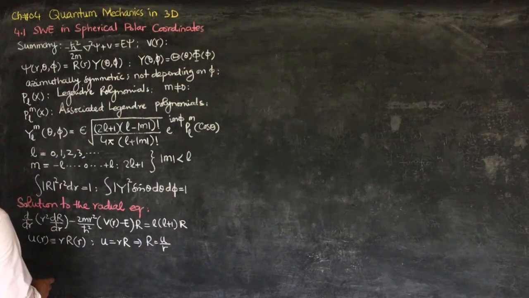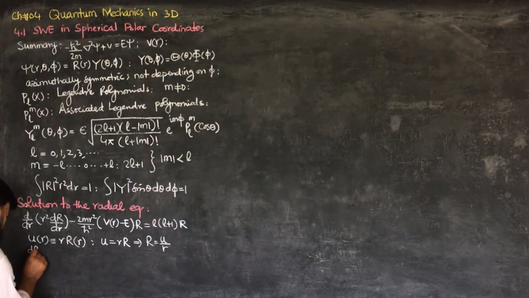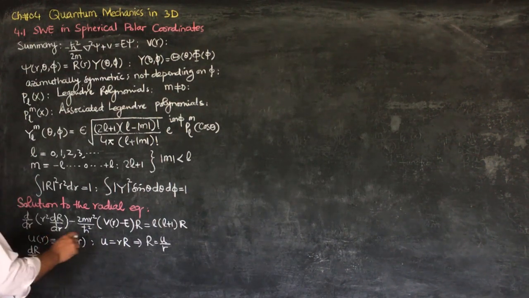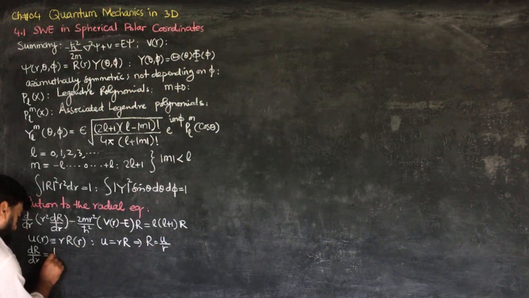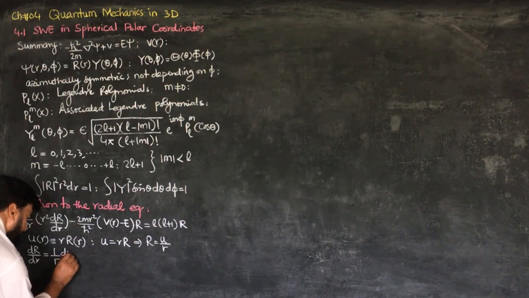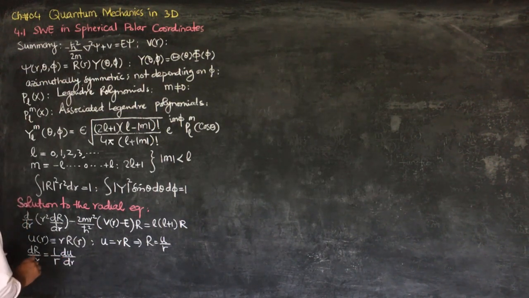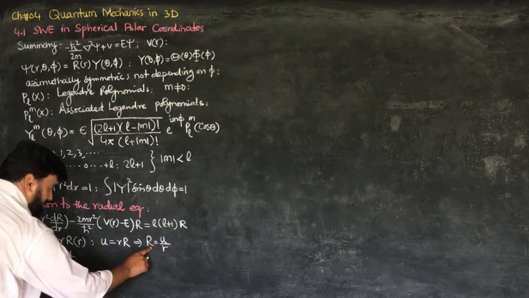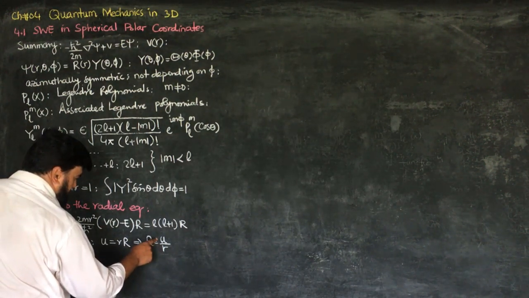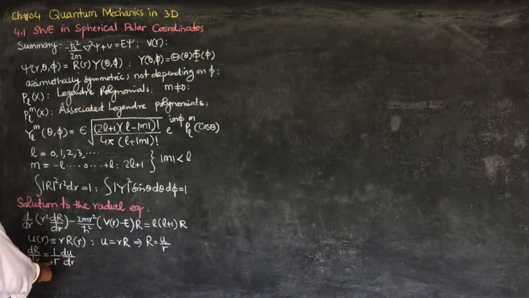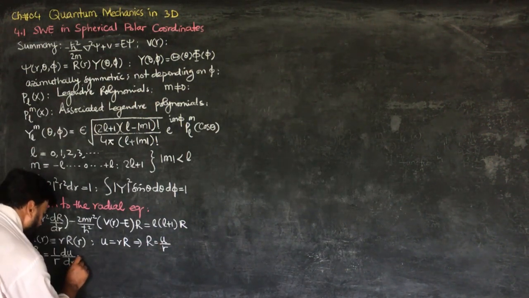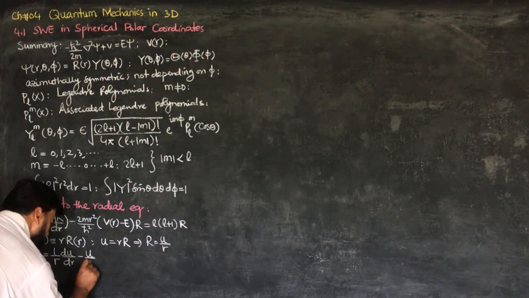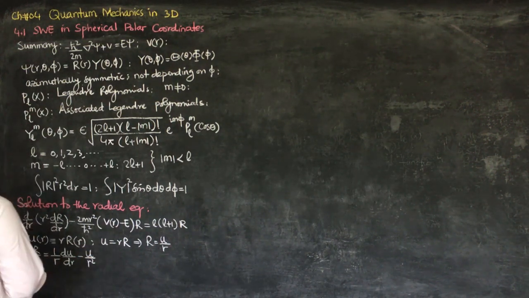Now if I take the first differential dR/dr, with u over r being two functions, it is 1 over r times the derivative of u, plus u times the derivative of 1 over r, which is minus 1 over r², so it comes out to be (1/r) du/dr minus u/r².